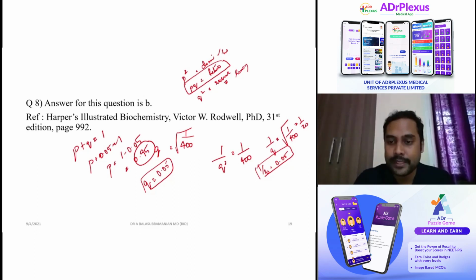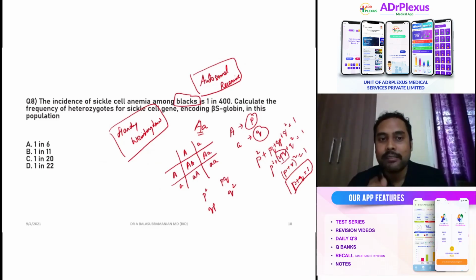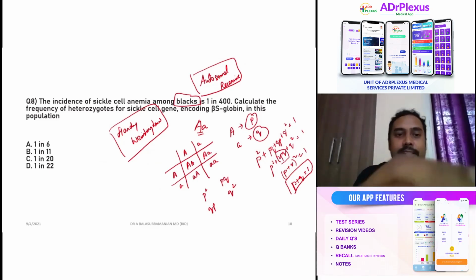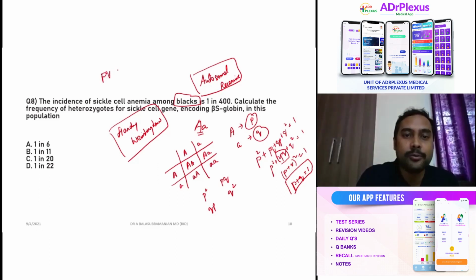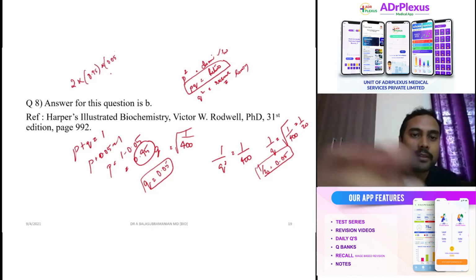So in this expression, if you submit, this is the heterozygous population. So they are asking, what is the frequency of heterozygotes? The frequency of heterozygotes is PQ plus QP, correct? Or 2PQ. So what we found from the question is that the P value is 0.95 and the Q value is 0.05.